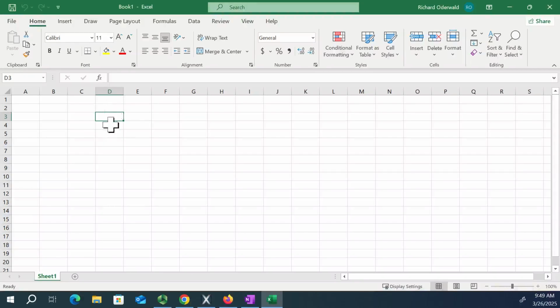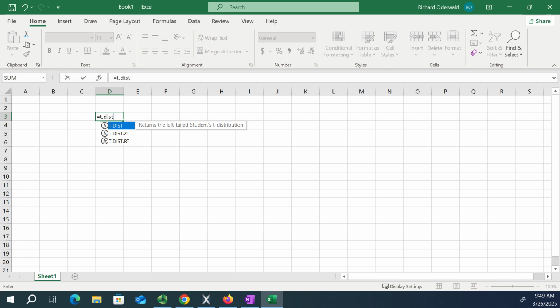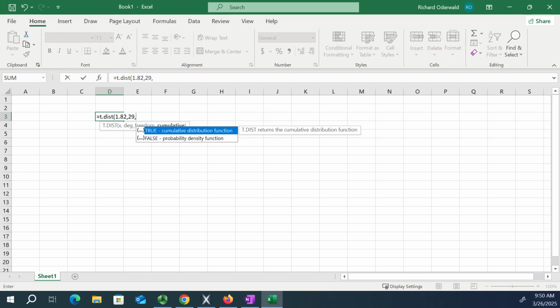So my t value is 1.82, equals t.dist of 1.82. How many degrees of freedom? Degrees of freedom is, what did I say? Or sample size is 30, degrees of freedom 29. I need cumulative probability. I need a 1 in there.